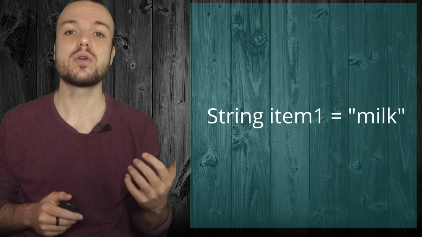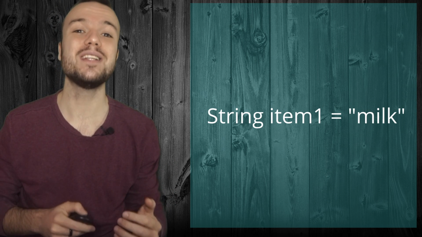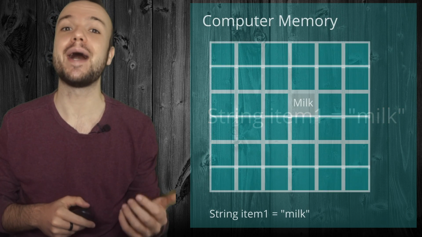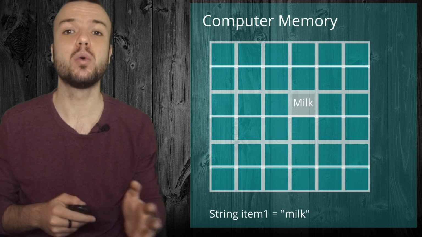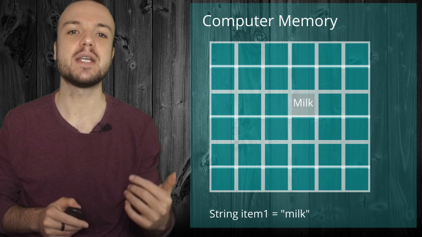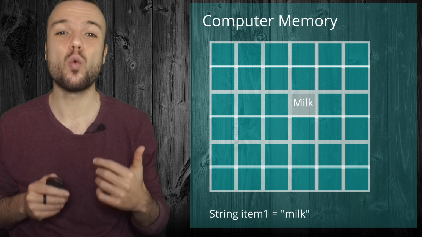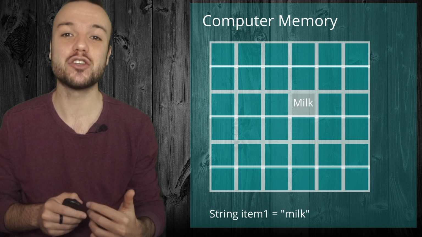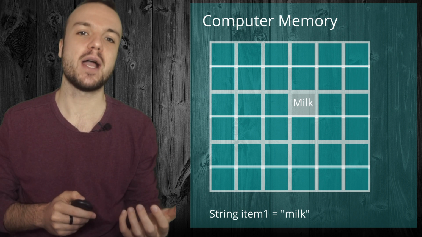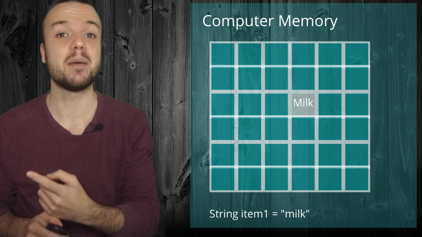Every time we store a variable, we occupy one cell of this memory. Imagine we create a variable and we call it item 1, and we set it to be equal to the word milk. Now, one of these cells will contain the word milk, and the item 1 variable will know the address in memory for this value. You can think of the variable as a link to a cell in memory.